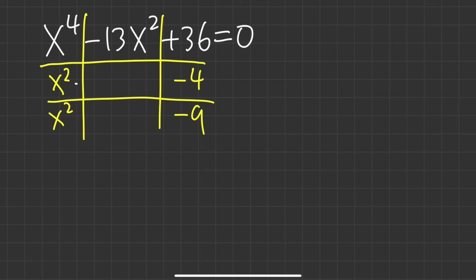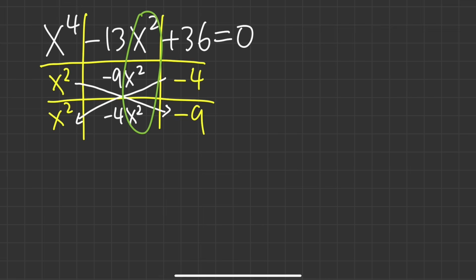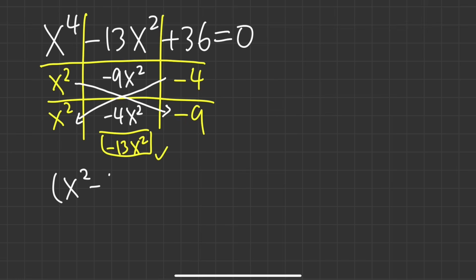I will cross multiply x squared times negative 9, which is negative 9x squared. And then we do the same, negative 4 times x squared. As you can see, all the terms right here have x squared, so we can combine the terms in the middle. Negative 9x squared minus 4x squared does give us negative 13x squared. So that's the correct combination. Therefore, to factor this, we will end up with x squared minus 4 times x squared minus 9.